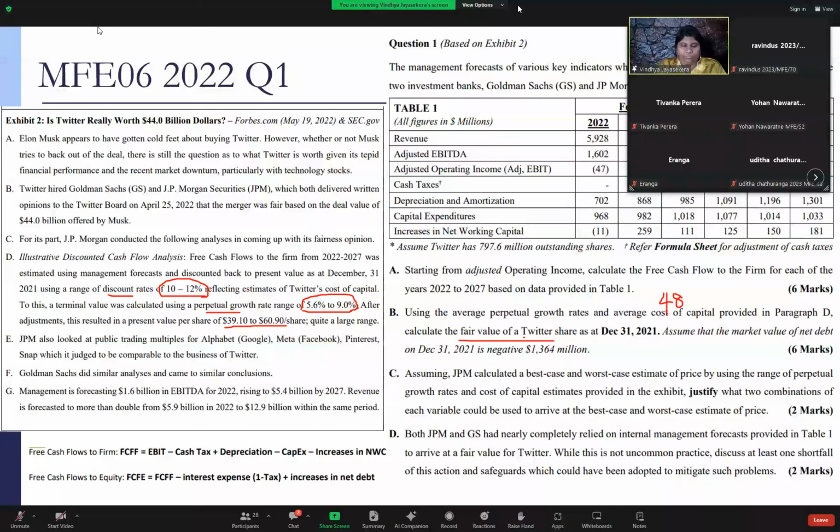What do you think? The management forecasts are biased. No, sorry, part C, right? Oh, sorry. We'll come to part D. Part C right now.